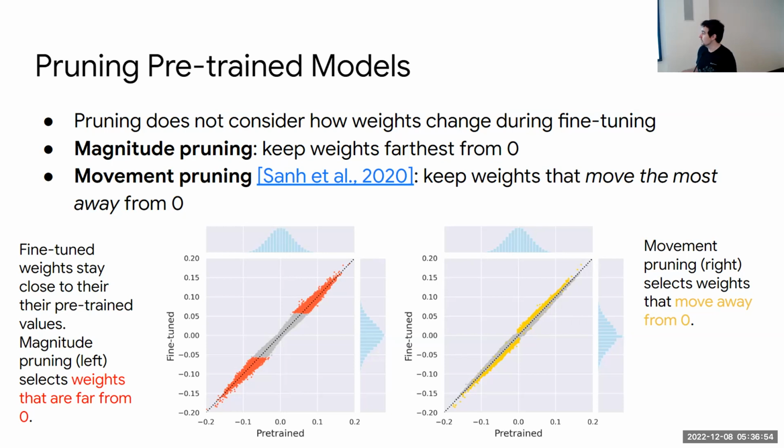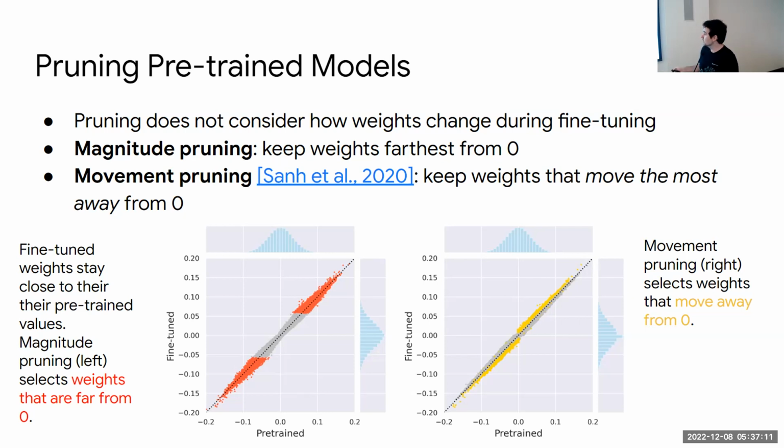And we can see that with magnitude pruning, we prune the parameters irrespective of where they started out during pre-training, based only on this range of being around zero after fine-tuning.